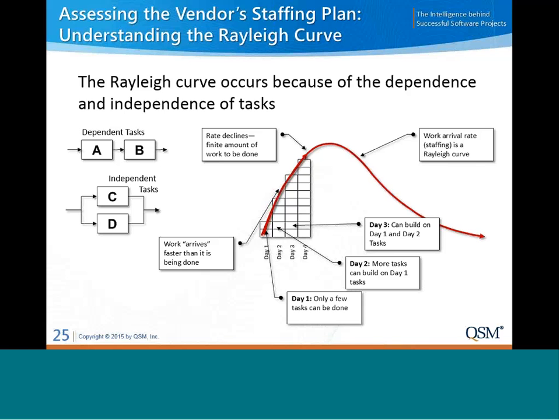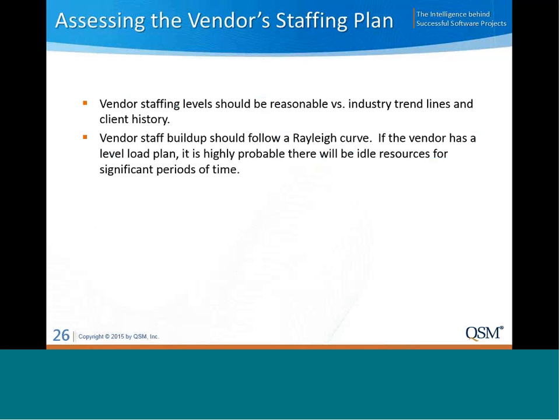So if you have a vendor that's proposing level load staff, especially a high number of staff from day one, it's highly likely that that's going to be wasted money and you're going to have idle staff. So definitely something to look at carefully.